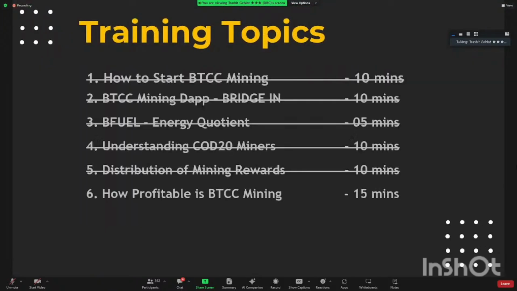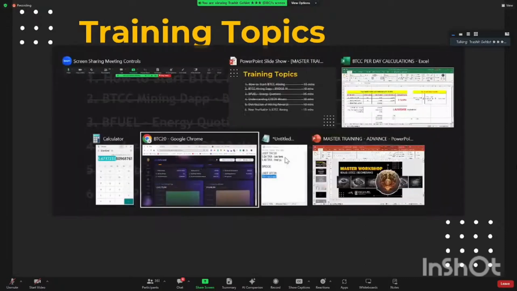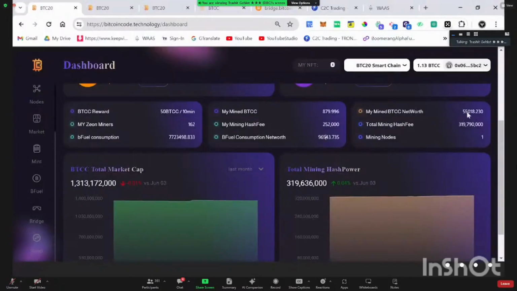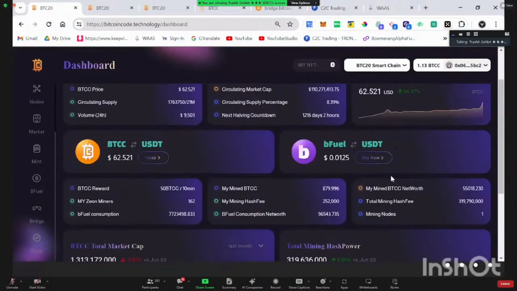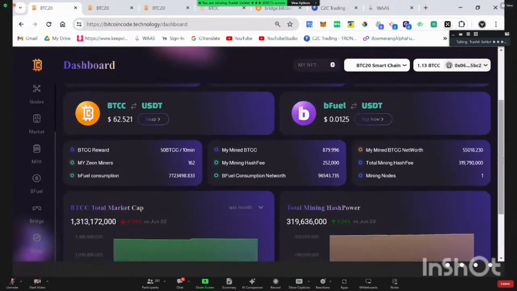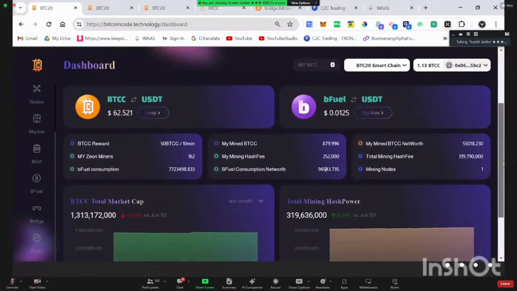Now, how profitable is BTCC mining? Last night, one gentleman asked me, I am having almost half the value of my BTCC net worth compared to the BTCC consumption net worth. So let me help you understand this. Do you remember I had given you an example, like if you would have started mining Bitcoin back in 2009, at that time Bitcoin was not worth the value.